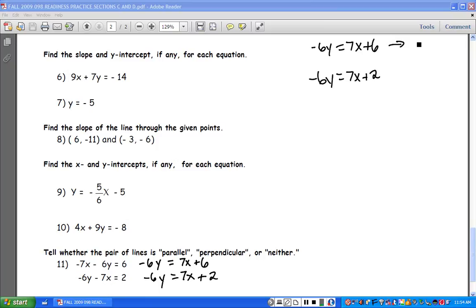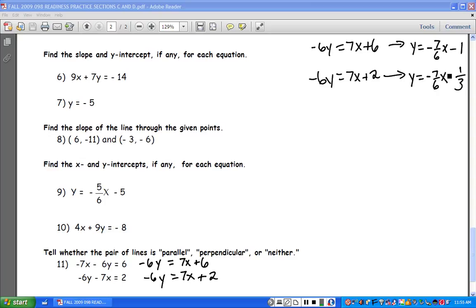So this one becomes y equals -7 over 6 x minus 1, because this 6 divided by this -6 gives us the -1. That's where this -1 comes from. Now we do the second equation, dividing everything by -6. So y equals -7 over 6 x, and that's minus 1/3.